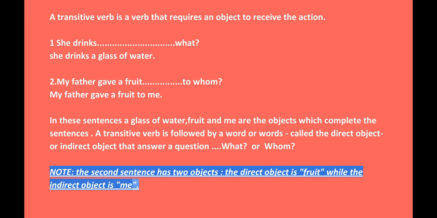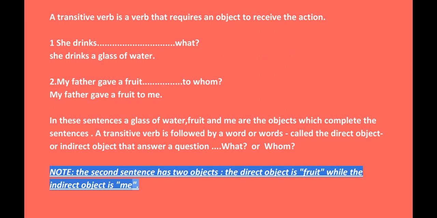In the next sentence, my father gave a fruit. Here you can ask to whom? You get the answer my father gave a fruit to me. So here fruit and me are the objects of the sentence. So it is to be noted that when you have two objects, one is direct and the other one is indirect.